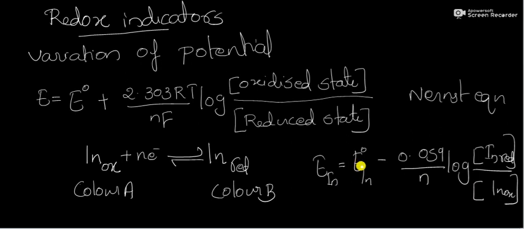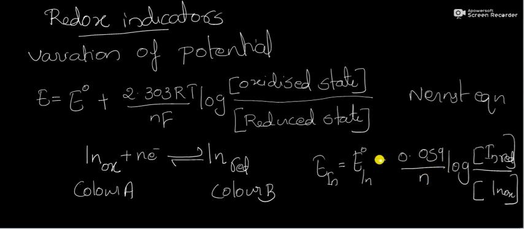E0_In is the standard electrode potential. 0.059 is the value of 2.303 times R times T divided by F, where F is the Faraday. On multiplying and dividing with Faraday, we get 0.059 divided by n, where n is the number of electrons transferred.